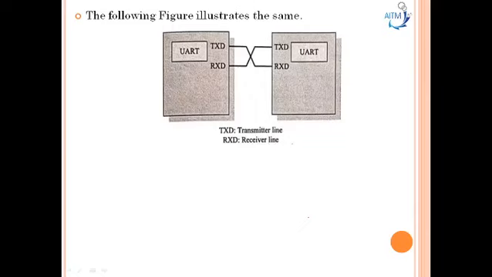The following figure shows the UART, that is the transmitting line, the TX, which is connected to the receiving end here. So here also the transmitting end is connected to the receiving end between the two UARTs here.